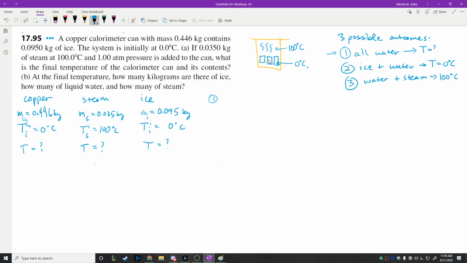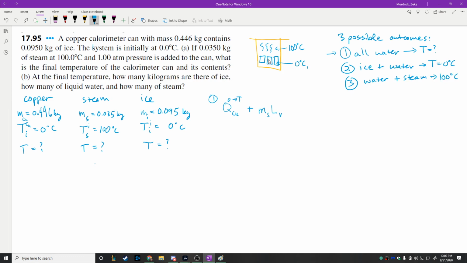Then we say something like, okay, we're going to have Q for copper to go from 0 up to some temperature. So from 0 up to T. We're going to have the steam has to transform into water. So we'd have the mass of the steam multiplied by the latent heat of vaporization of water.